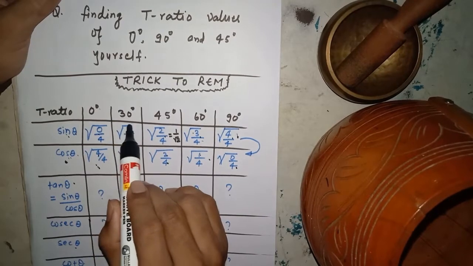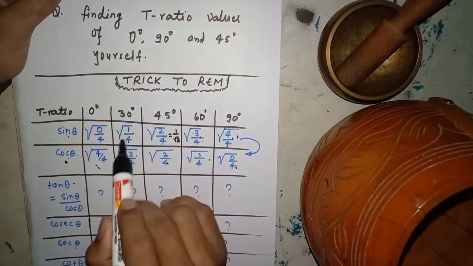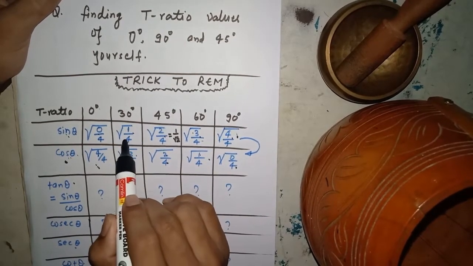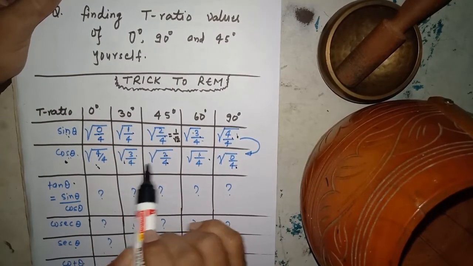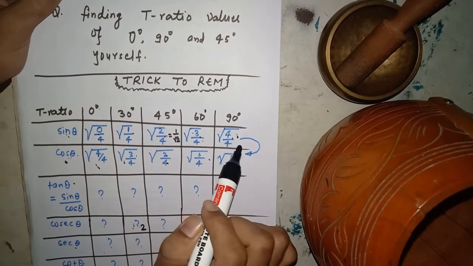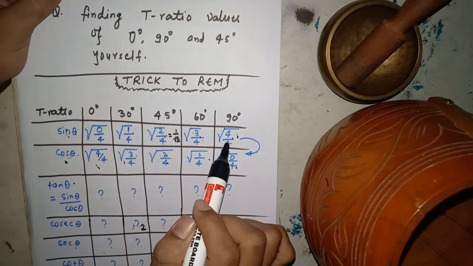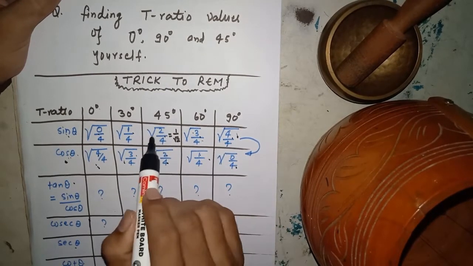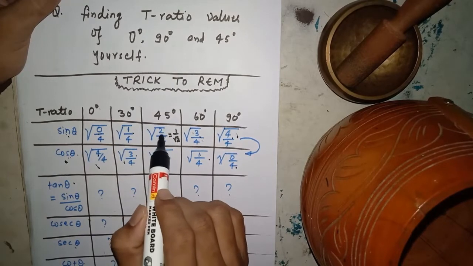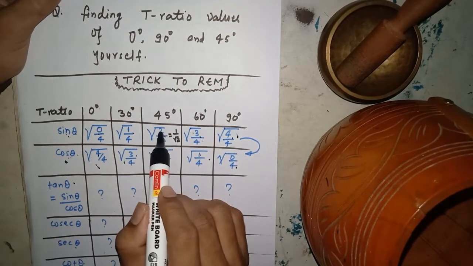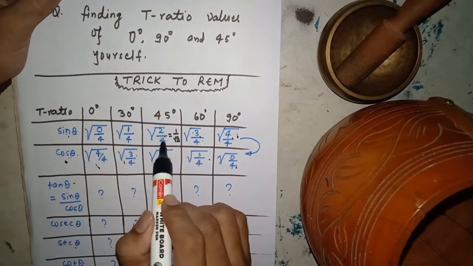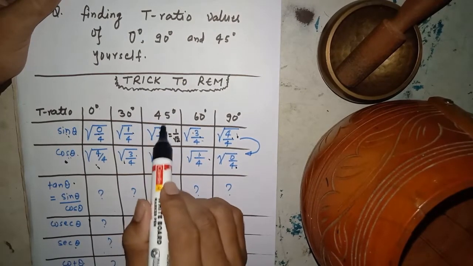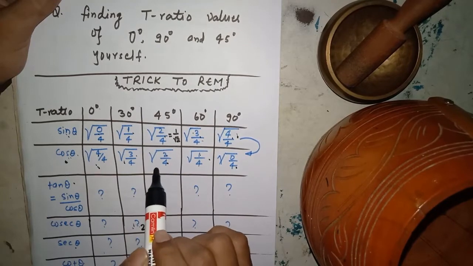Another, root under 1 by 4 means root 1 by root 4, root 1 means 1, root under 4 means 2, so it is 1 by 2. In a similar fashion you can solve it here. 2 by 4 can be taken as 1 by 2, so root under 1 by 2 means 1 by root 2.